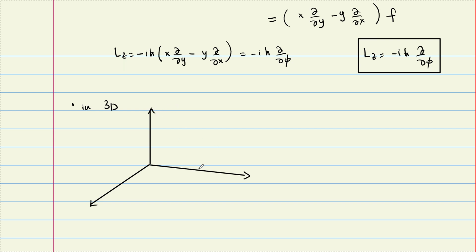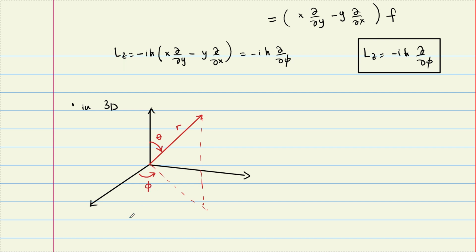And I have a vector, something like that. So this is R, and it has some projection on the plane. So this is theta, and this one is phi.